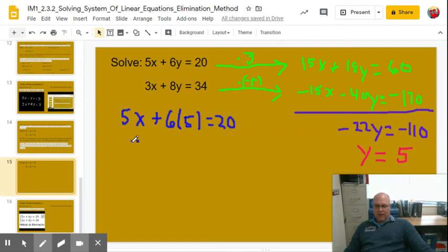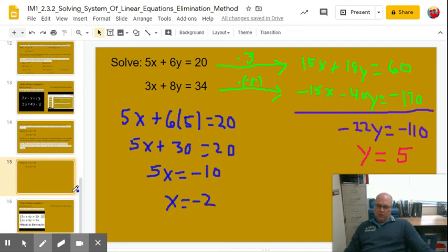All right, so then I get 5x plus 30 equals 20. All right, subtract 30 from both sides. 5x equals negative 10. And then I want to divide by 5 on both sides. So I get x equals negative 2.